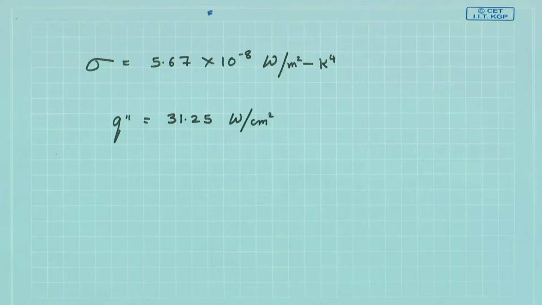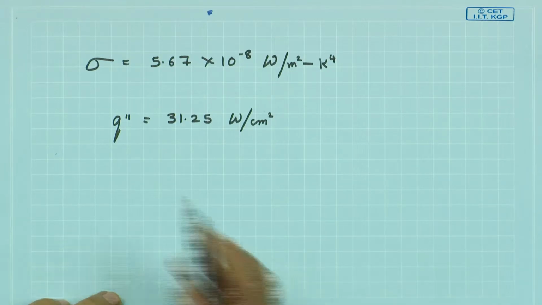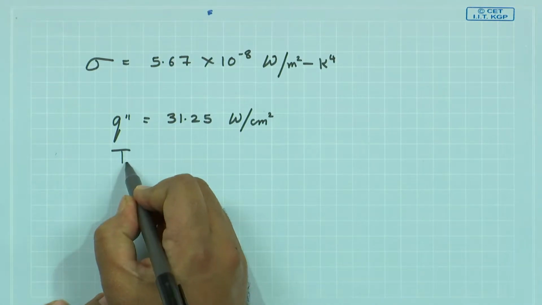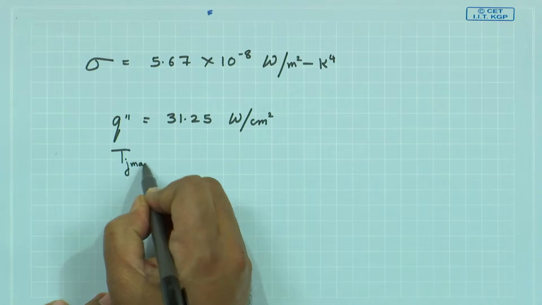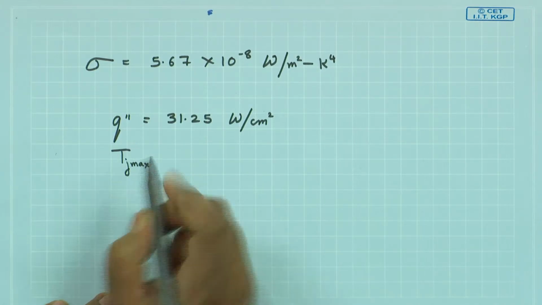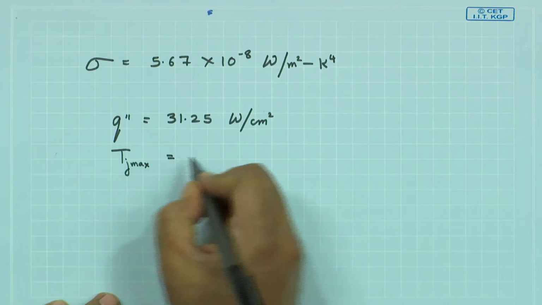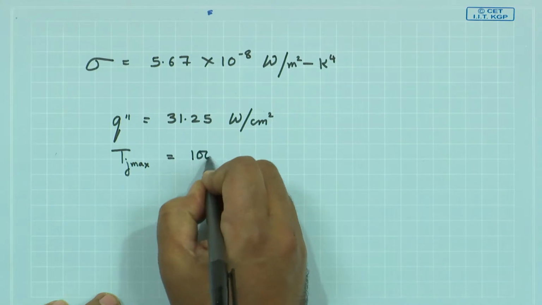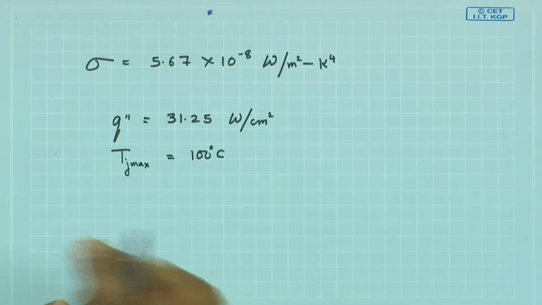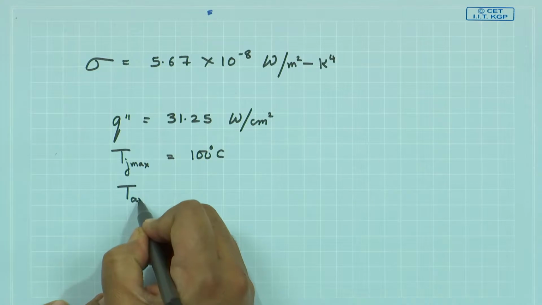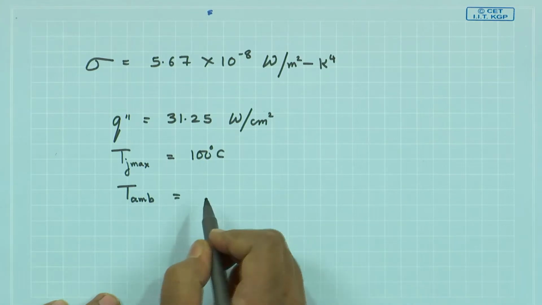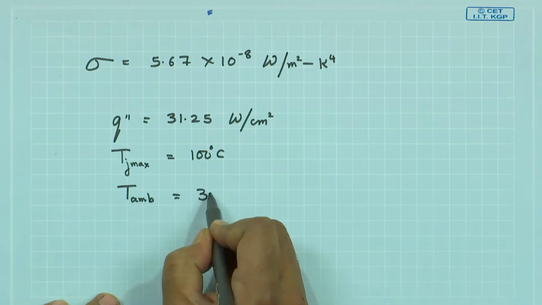Then I will ask you, what is the maximum temperature of the die that you can withstand? You say Tj max, J stands for junction, we will come to those nomenclature, is 100 degrees. Okay, fine. What is your ambient temperature, the local ambient? If I have to use air, what is the temperature of the surroundings? You say T ambient, maybe inside the system, maybe 35.